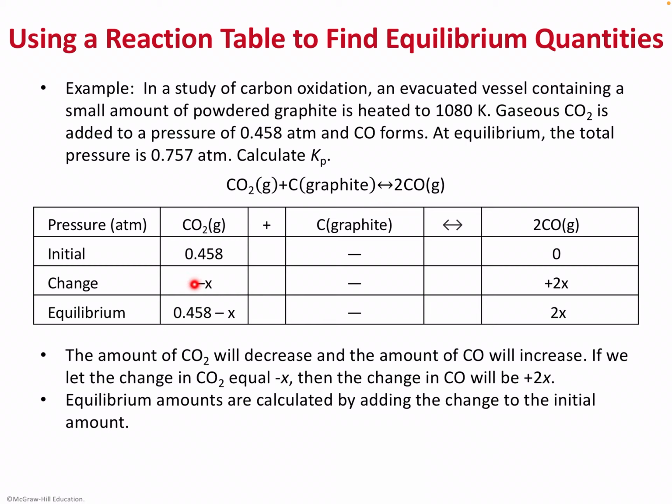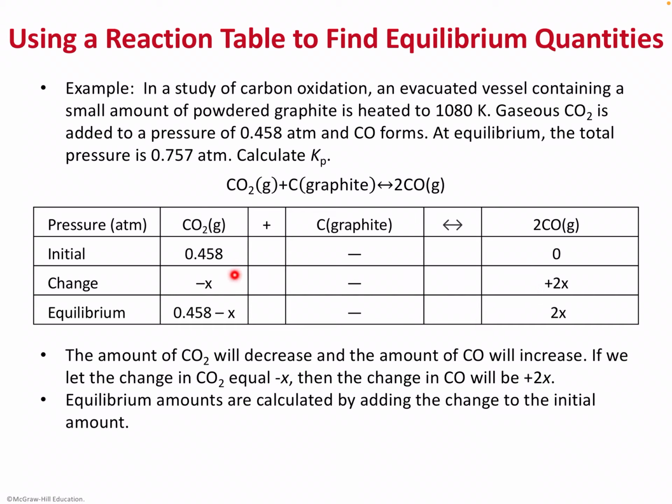Since we don't know the change, we always express the change in terms of X. That is going to be also the stoichiometric ratio, like 1 to 2. So X amount of carbon dioxide is going to be the change, and 2 times X of carbon monoxide would be formed, plus 2x.